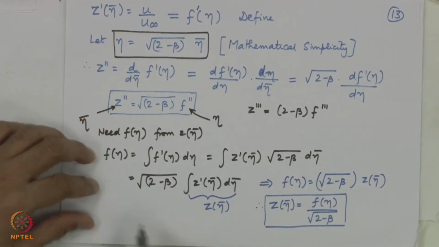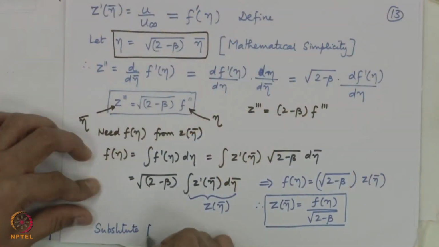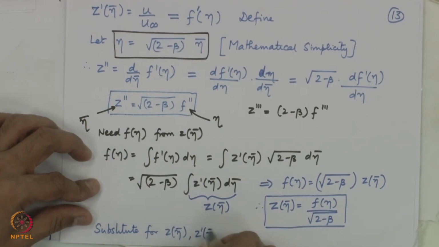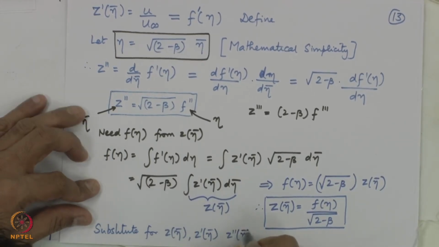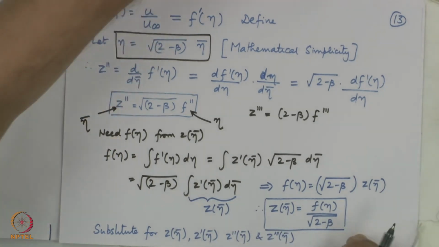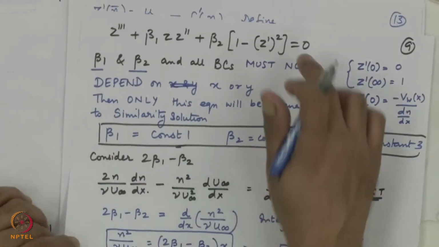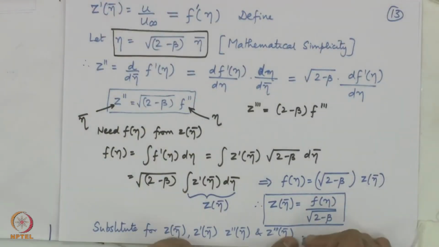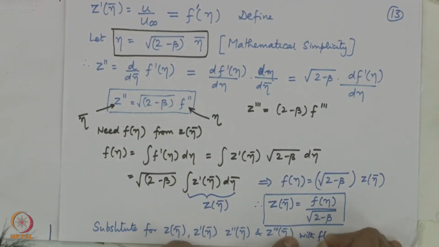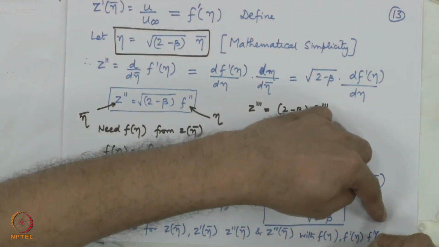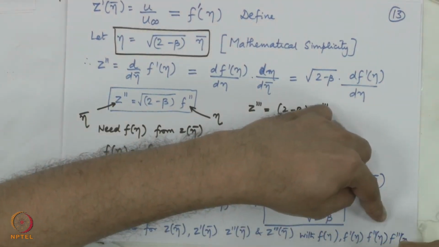So, substitute for z of eta bar, z prime of eta bar, z double prime of eta bar and z triple prime of eta bar, wherever you have those, replace it with f of eta, f prime of eta, f double prime of eta, f triple prime of eta.